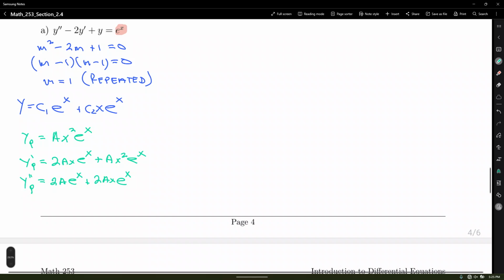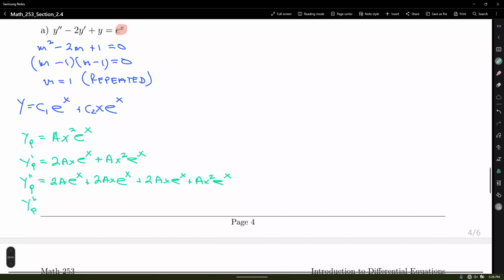Now let's differentiate the second term, which is ax squared e to the x. But actually, we already differentiated that. It's the same as the first derivative of the guess of the function, so just copy paste: 2ax e to the x plus ax squared e to the x.